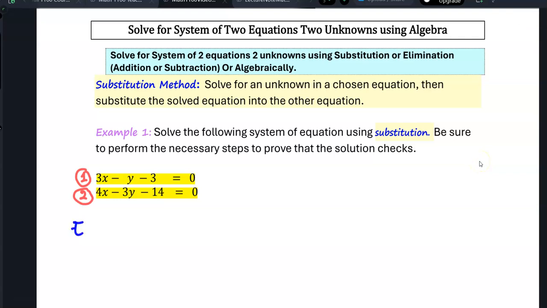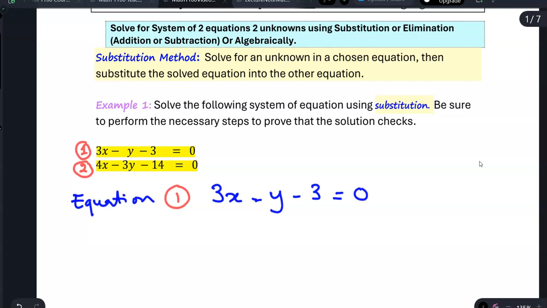So equation 1 is this one right here: 3x minus y minus 3 equal to 0. Because I'm using the substitution method, from equation 1, I am going to solve for y.